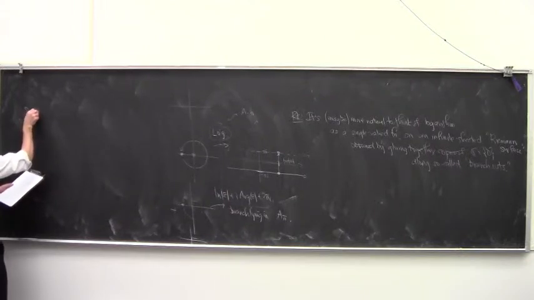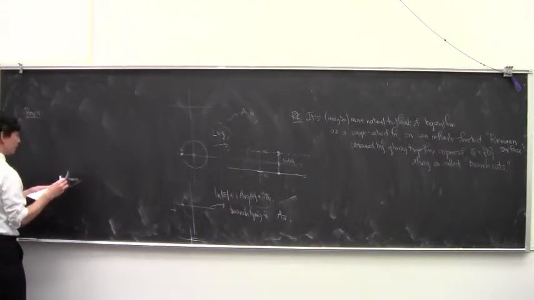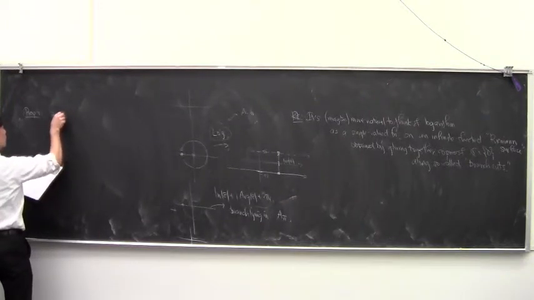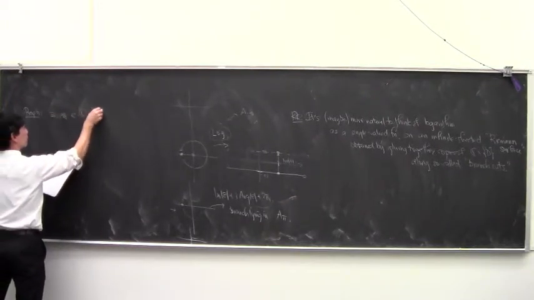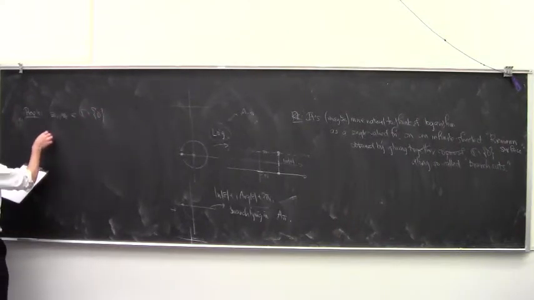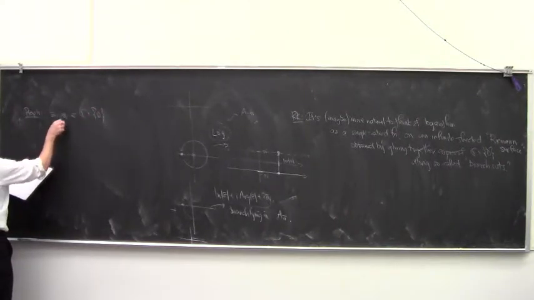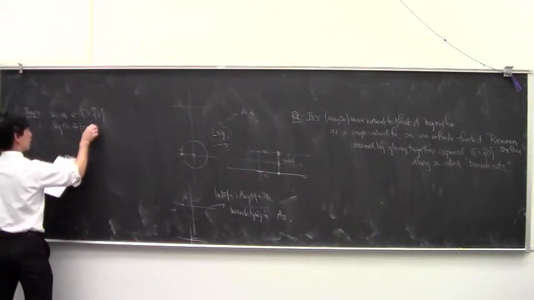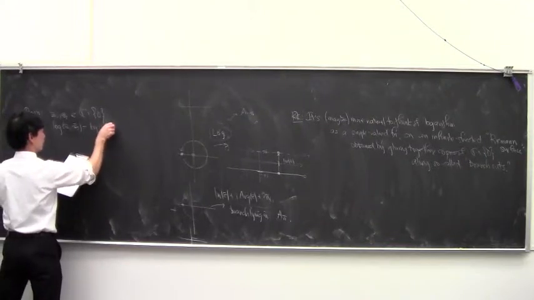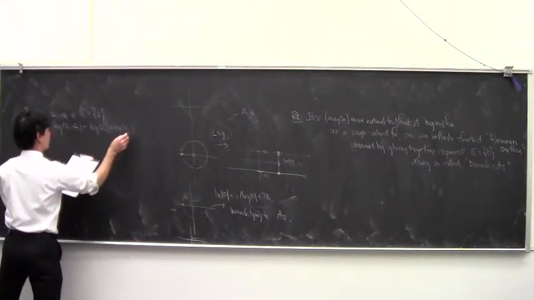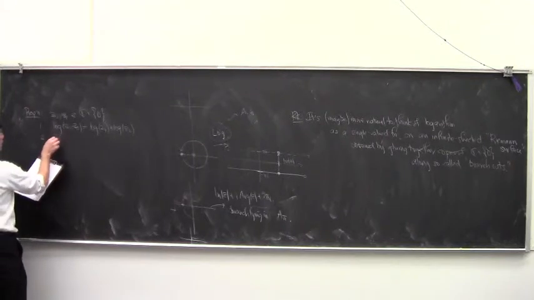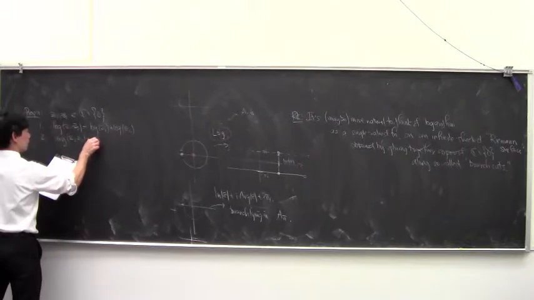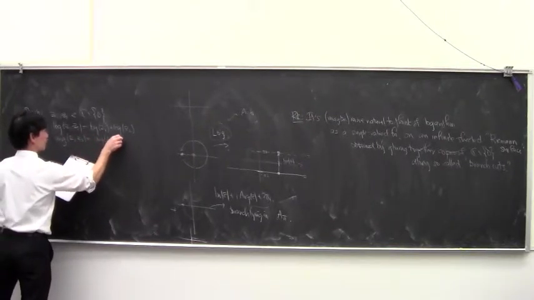So this proposition, not really going to prove it: for Z1, Z2 in a punctured plane, one has log of Z1 Z2 equals log of Z1 plus log of Z2. This is not exactly true, but I'll explain in what sense it is true in a second. Argument of Z1 Z2 equals argument of Z1 plus argument of Z2.